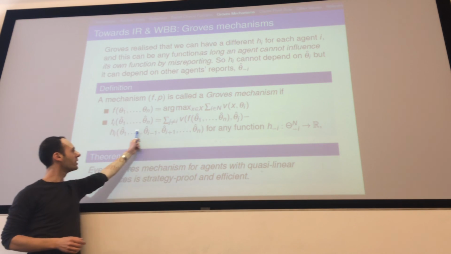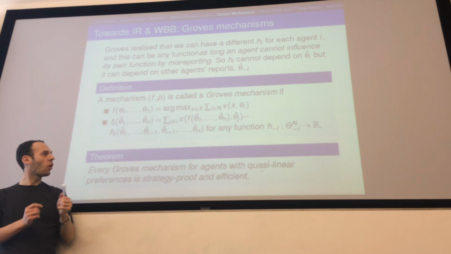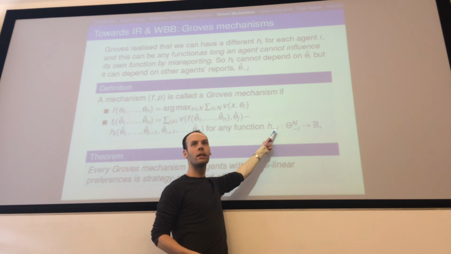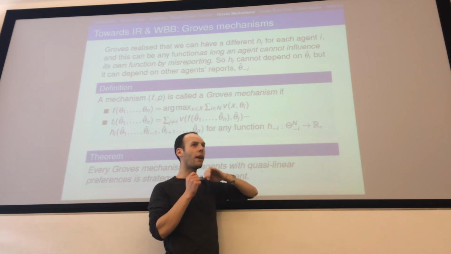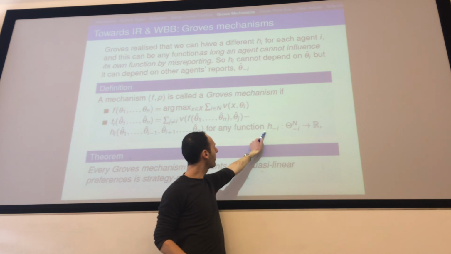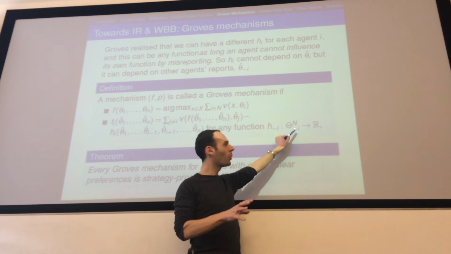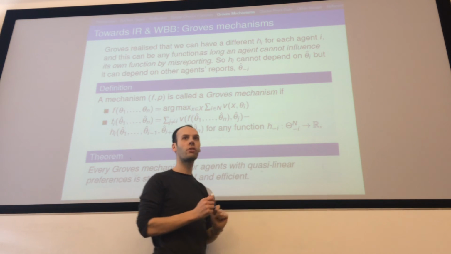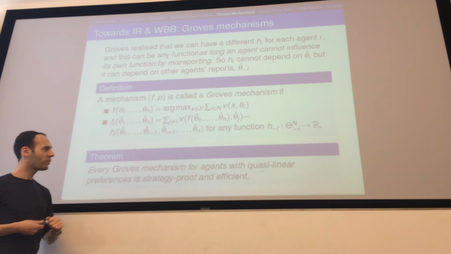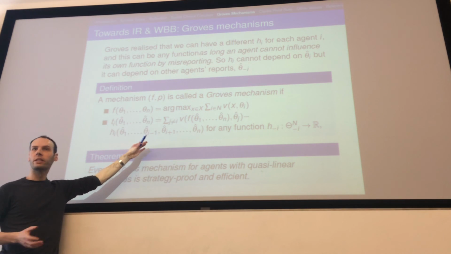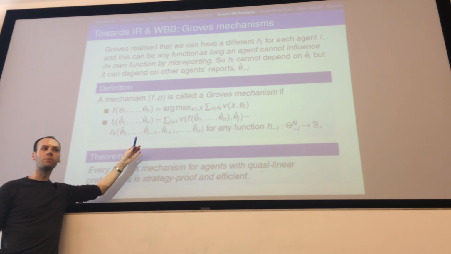We have this function now, which depends on all other people's types. That's indicated by -I. Minus I means everyone except agent I. So essentially, because it does not depend on what agent I reported, it's still a constant from agent I's perspective.